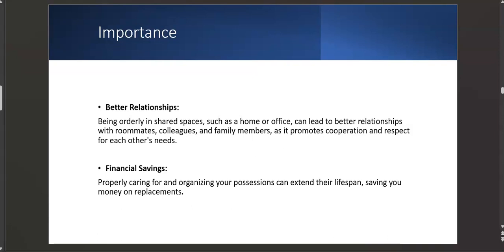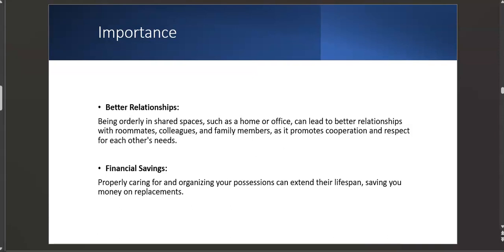Now, being orderly in shared spaces such as a home or office can lead to a better relationship with your roommates, colleagues, and family members, as it promotes cooperation, respect for each other. Now, class, when you're with your friend, or where you sleep with your sister, when you're an orderly person, you realize that you don't have a lot of fightings and shoutings at each other, because everyone understands themselves.